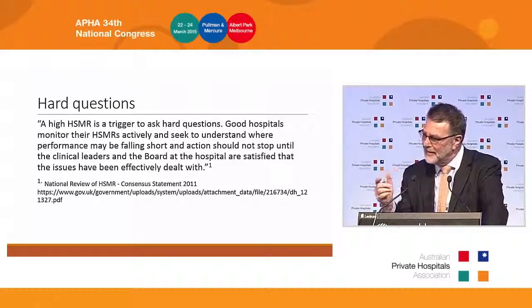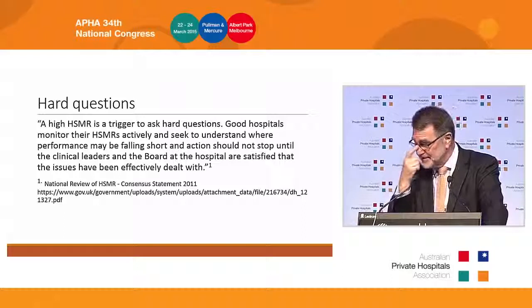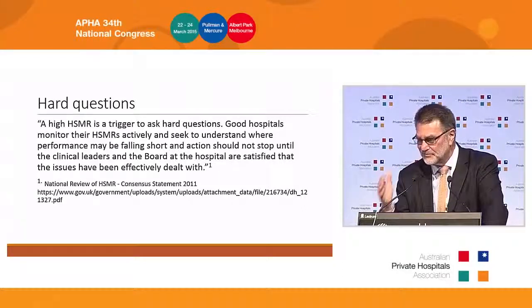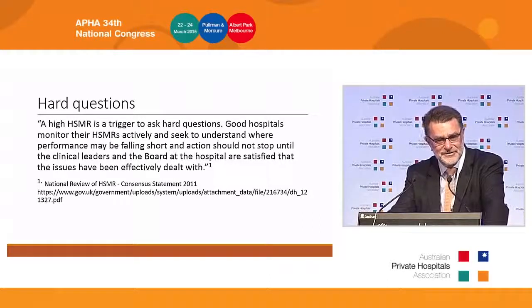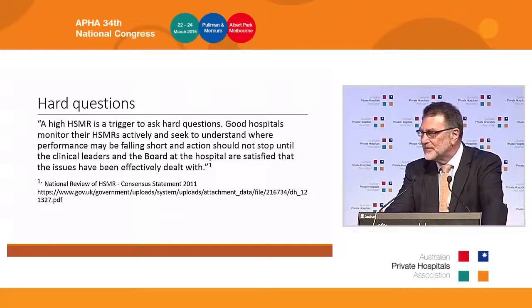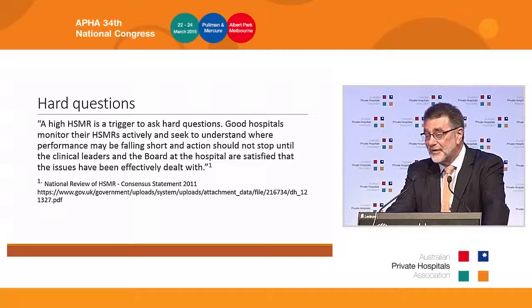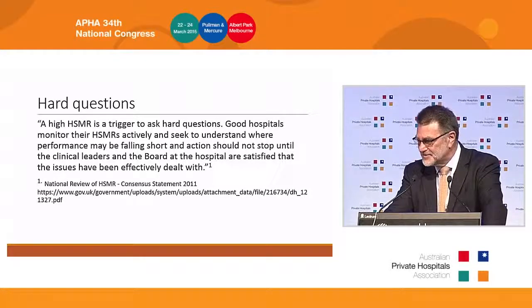They're hard partly because most of us, I would say 99% of people who work in hospitals, go to work to do a good job. It's an extraordinarily confronting proposition that a whole community of people going to work to do a good job can cumulatively have a mortality rate that is 40 or 50% greater than you would expect. These are hard questions.